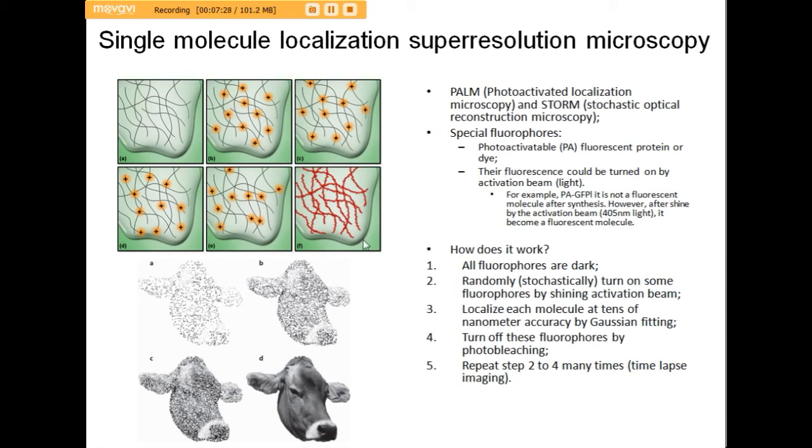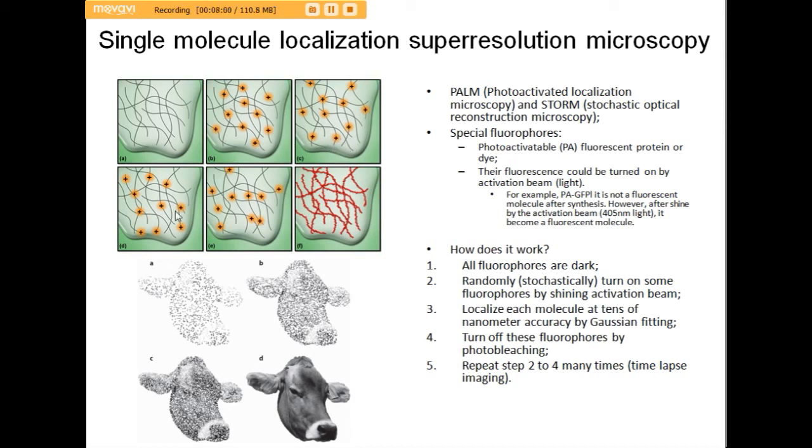In the next round, we shine the activation beam again, still at a very low intensity. Still, some PA-GFPs are randomly or stochastically turned on. These turned-on molecules are very far away from each other, so their Airy disks are not overlapping, and we can Gaussian fit each Airy disk to obtain the precise localization of this set of PA-GFP molecules.